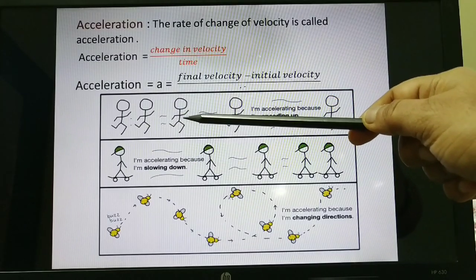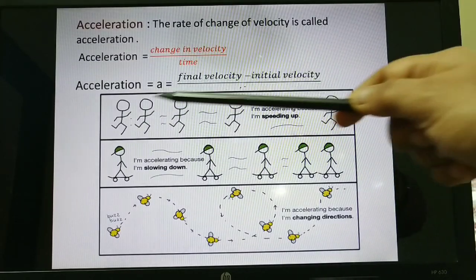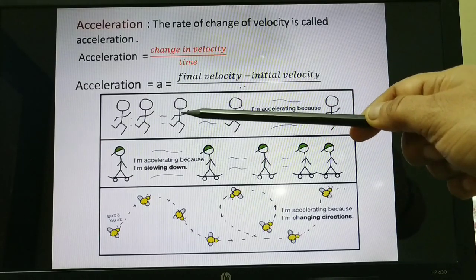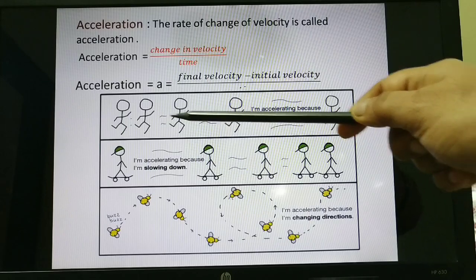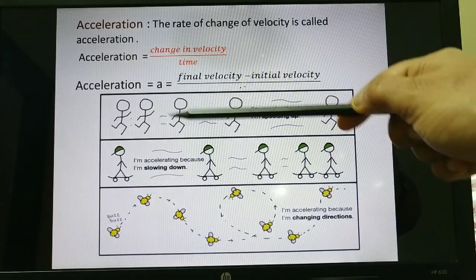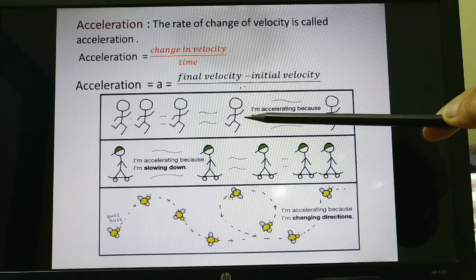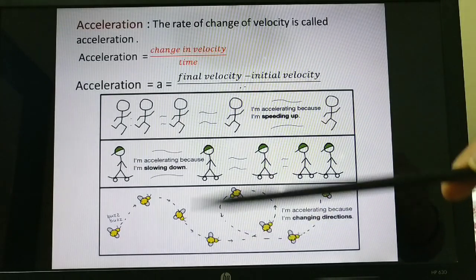If you consider this same boy, if you consider this one as initial velocity, then this is the final velocity. There is a difference in speed here. There is a difference in acceleration here. If you consider this position as initial and this as final, there is a difference.